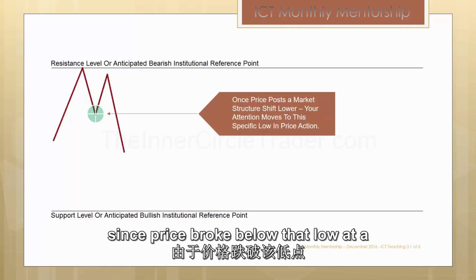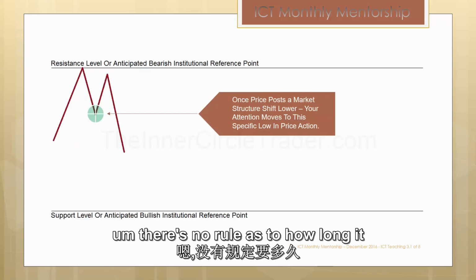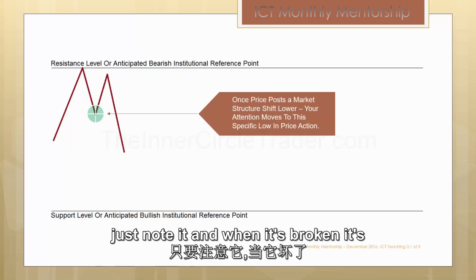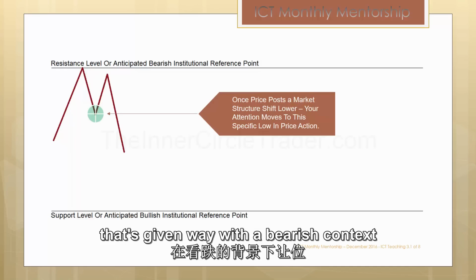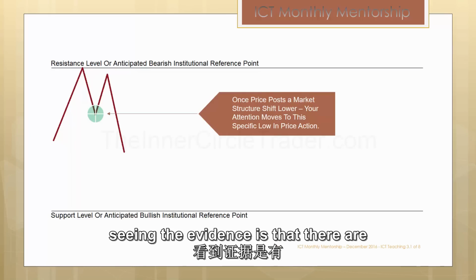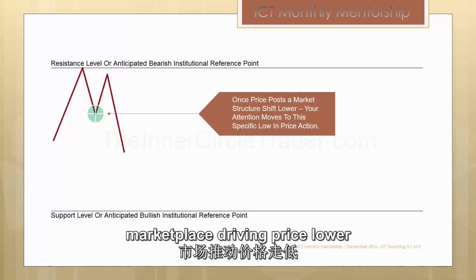Since price broke below that low at a later time, and there's no rule as to how long it takes before that low is violated, we just note it. When it's broken, it's seen as a short-term support level that's given way with a bearish context behind it. So when we see that, the evidence is that there are smart money entities behind the marketplace driving price lower.